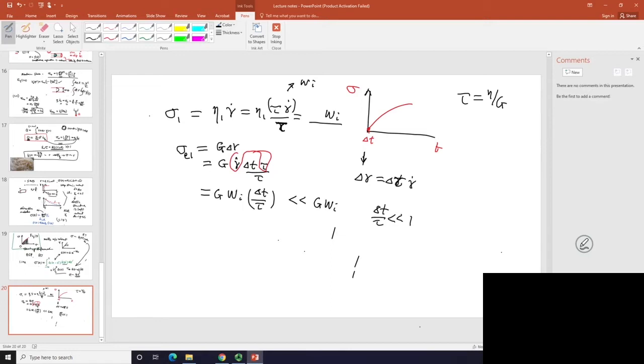So I will rewrite tau as G, and what's left is eta 1 divided by eta. I'm not playing magic, right? This is what it is. Yeah, go ahead.